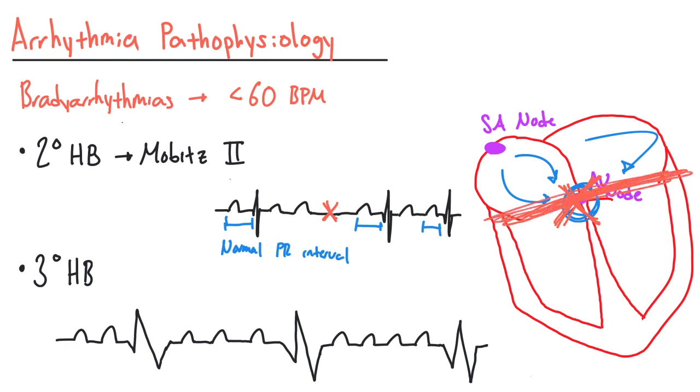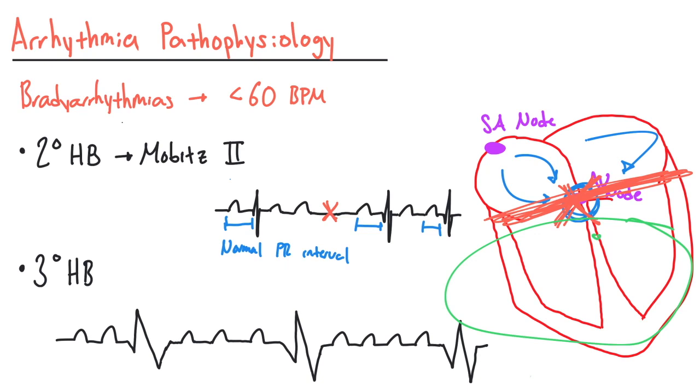So what's happening? Essentially, the ventricles down here are depolarizing completely independently of the atria. They are depolarizing on their own as they have lost the override of the SA node. So now they take over their own pacemaker potential and start beating at their own rate.